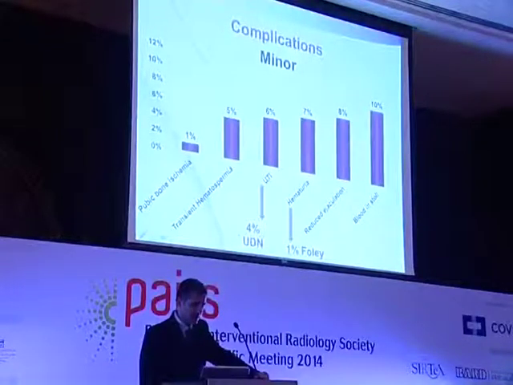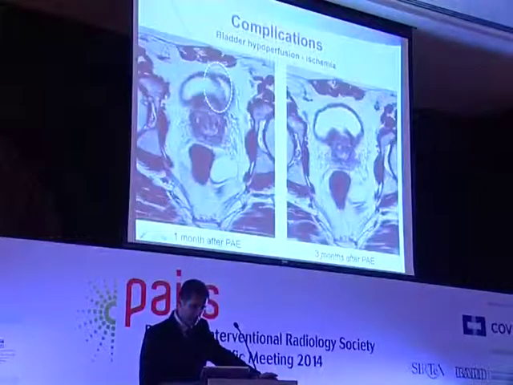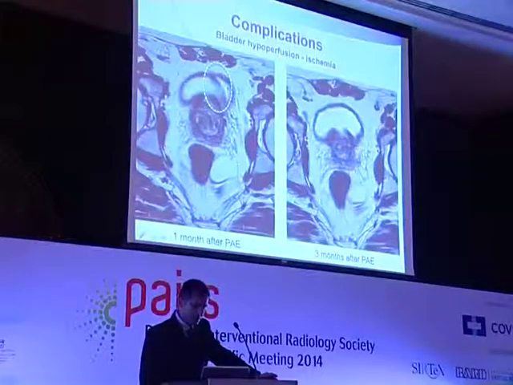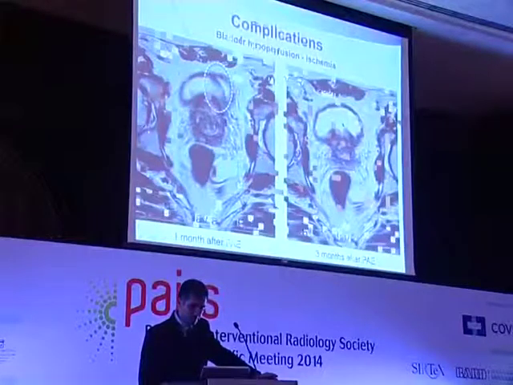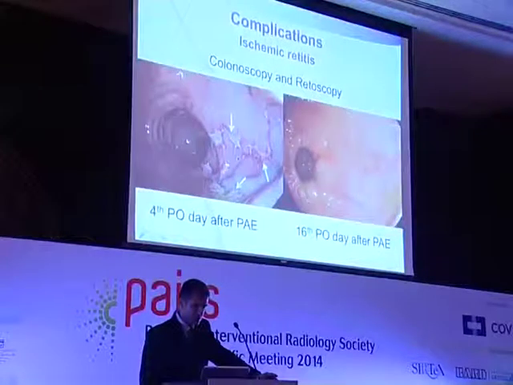Urinary tract infection, 4% related to the urodynamic studies that we use for every patient, and 1 related to the Foley placement. Reduced ejaculation and blood in the stool. Here is the bladder ischemia that disappeared during follow-up, and here is ulceration.